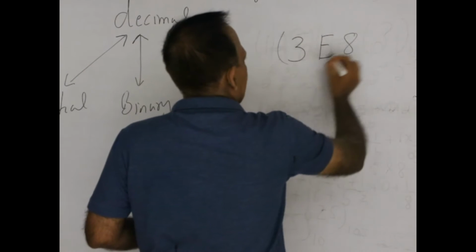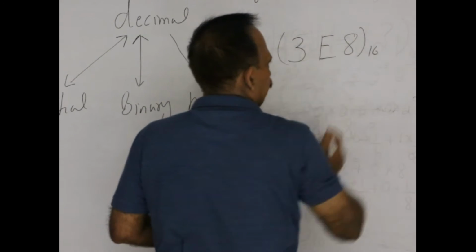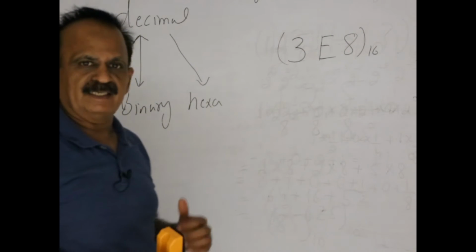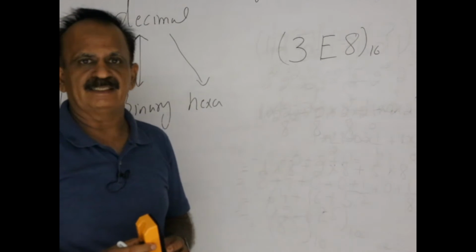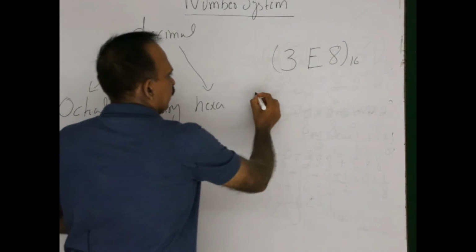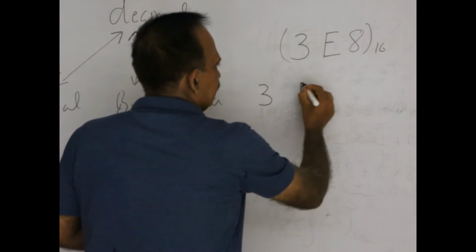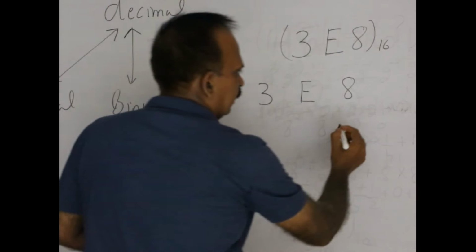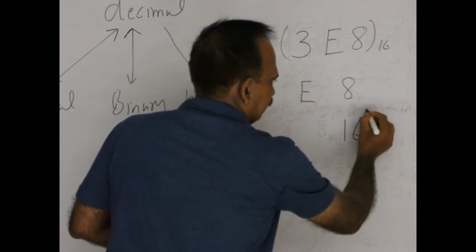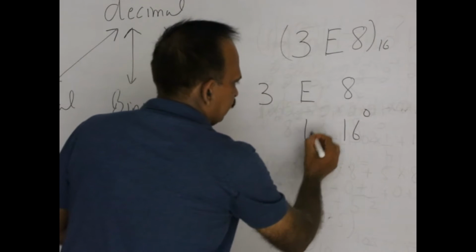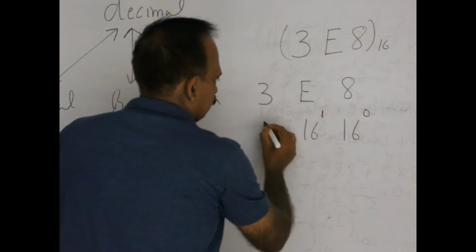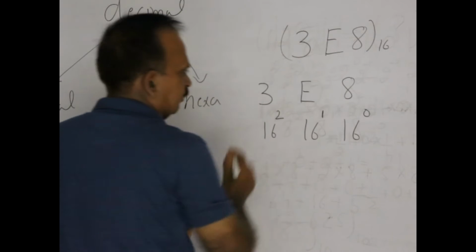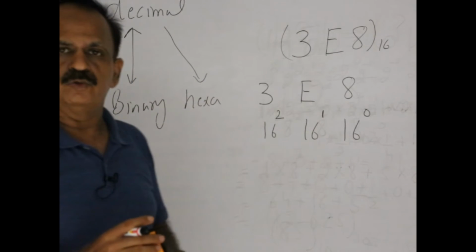Now this number is a hexadecimal number and I want to convert it into decimal. The procedure will be 3, then E, and then 8, using the powers of the base of the hexadecimal number system: 16 raised to the power 0, 16 raised to the power 1, and 16 raised to the power 2.